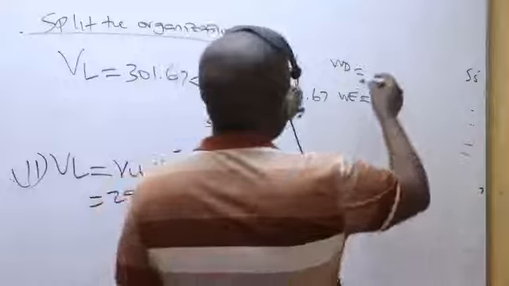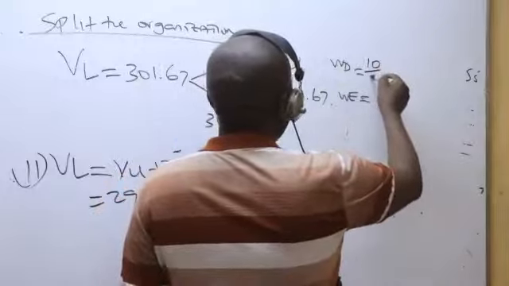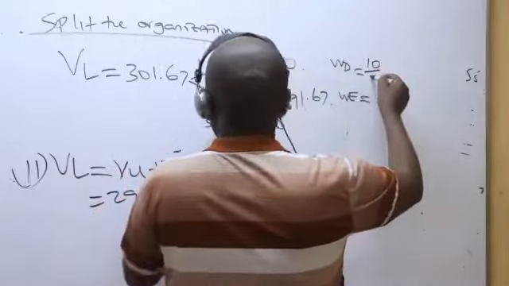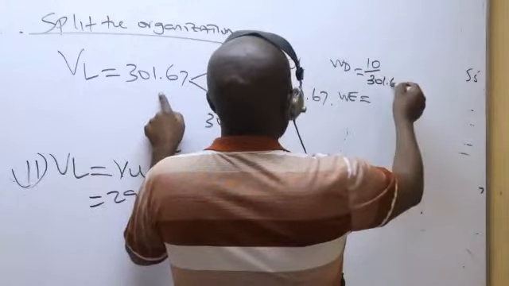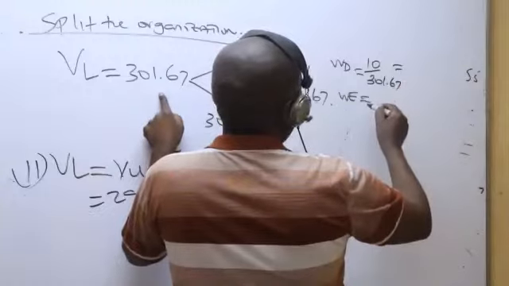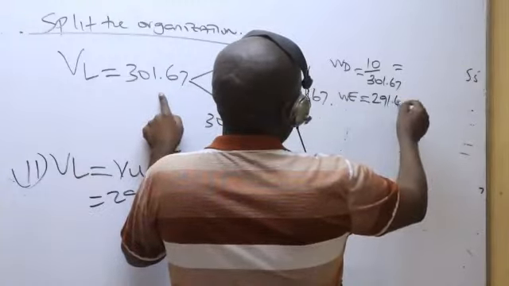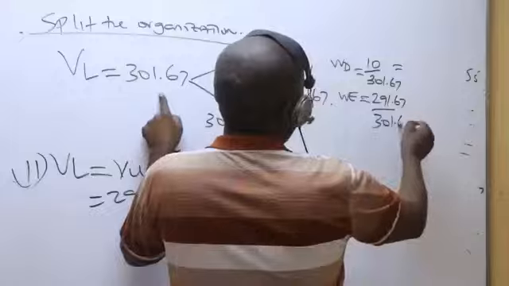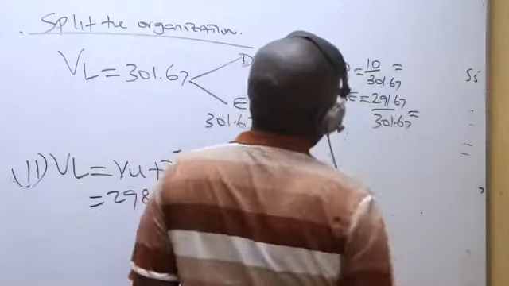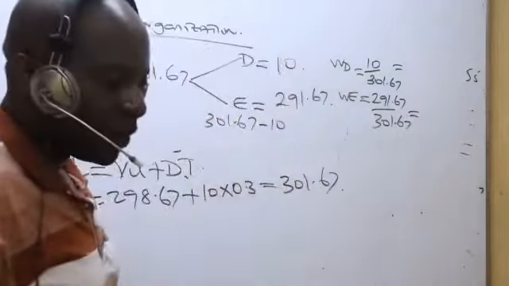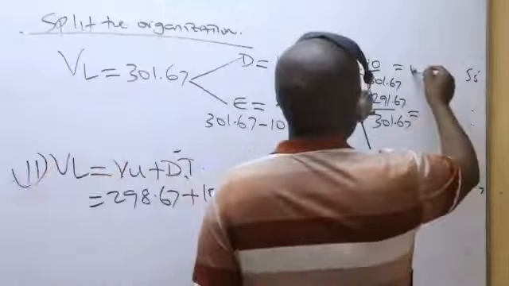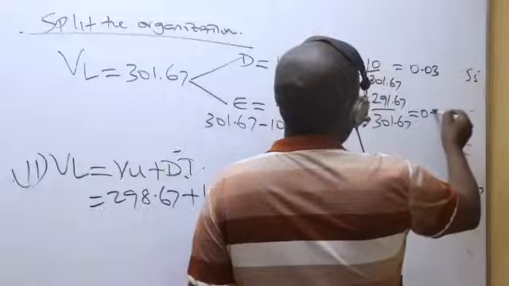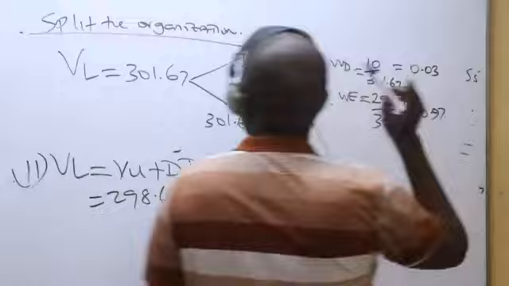So weight of debt will be 10 divided by total firm value, 301.67. Weight of equity will be 291.67 divided by 301.67, which will end up giving us what figures, ladies and gentlemen? The first one, I'm told, is 0.03. That is the first thing I'll do, split.